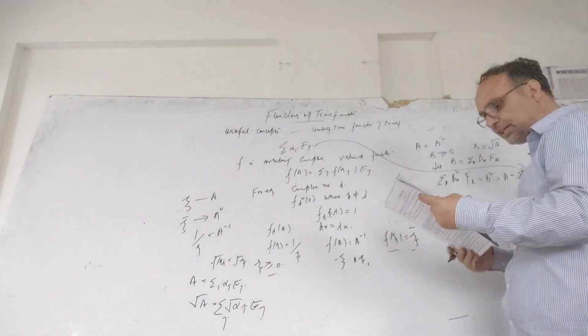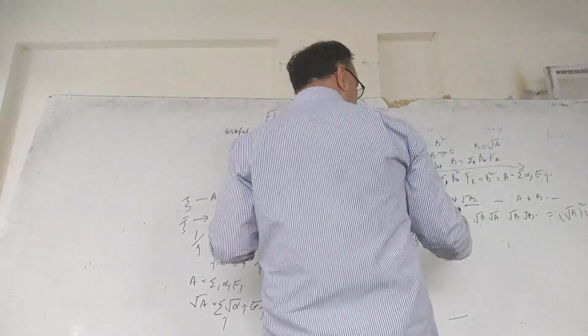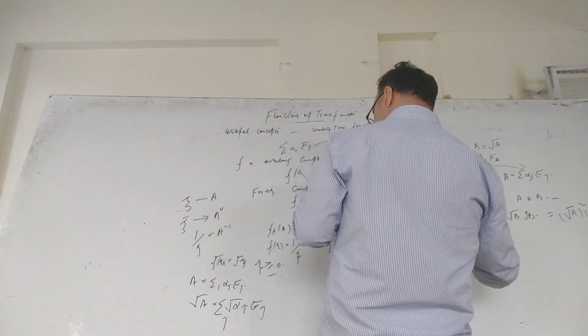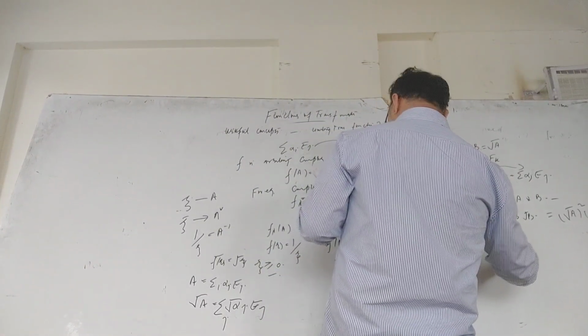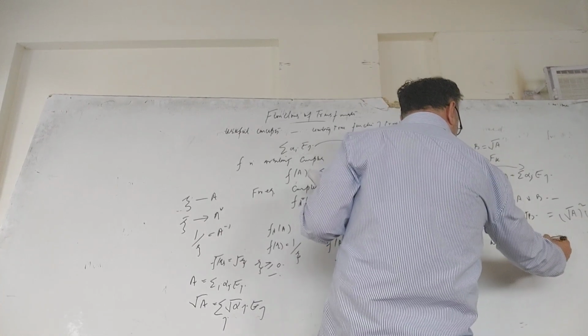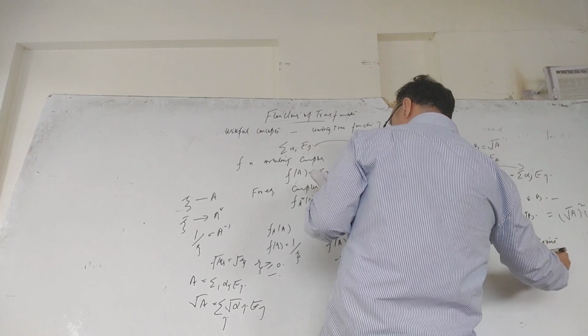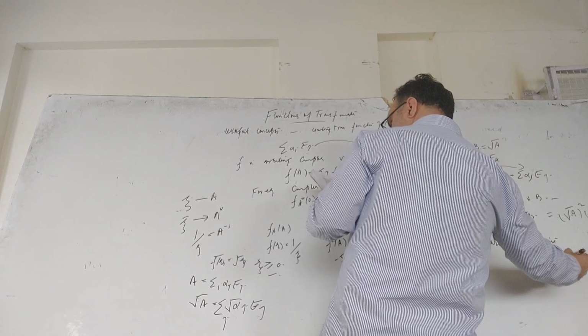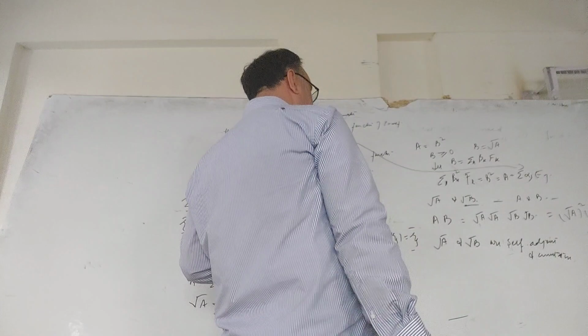And root of A and root of B are self-adjoint and commutative, and therefore their square is positive.